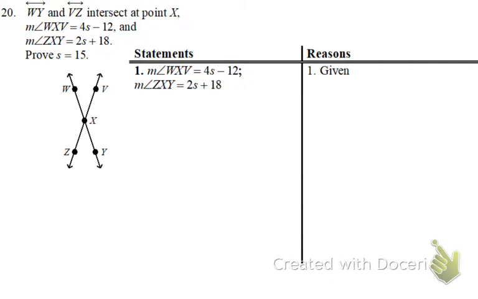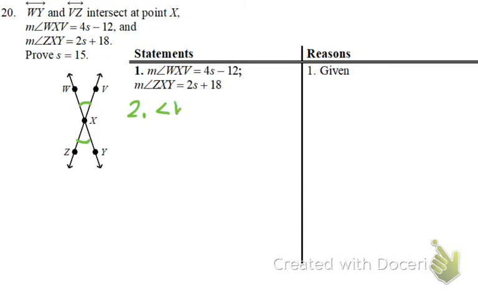All right, we have two intersecting lines. They intersect at the point X. We have the measure of angle WXV. So this angle, we have an expression for that, and we have an expression for ZXY. Now those are vertical angles, and vertical angles are congruent.